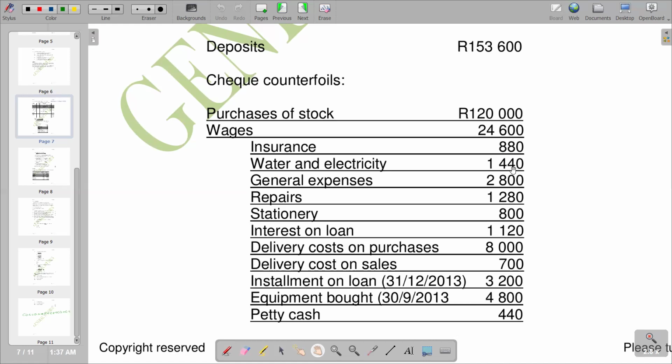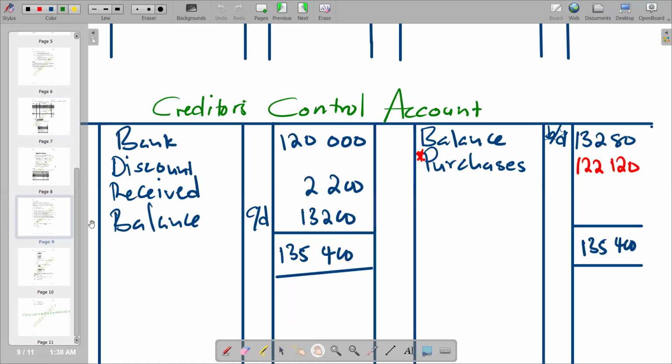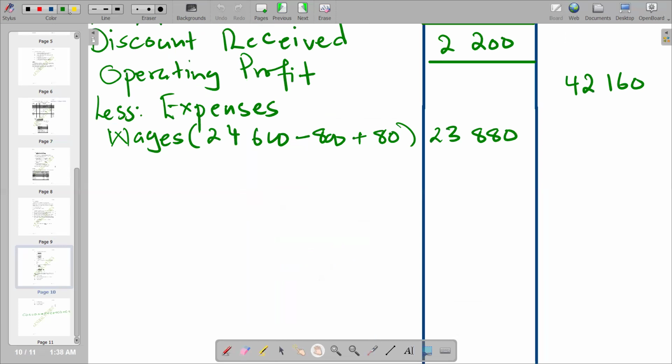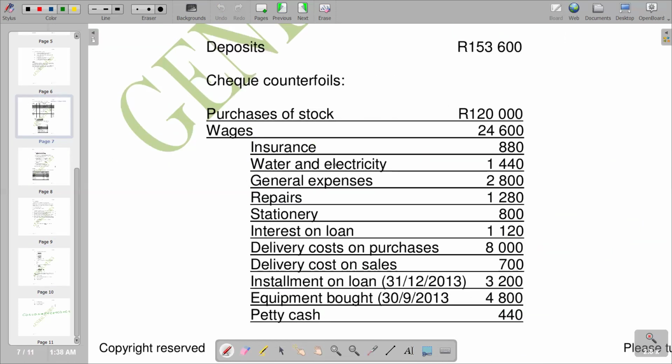So if additional information is quiet, it means the figure that you are having here is the actual amount for the current period. So you've got 880 for insurance. So we come here, we indicate it as insurance, 880. And then from there, we've got water and electricity.